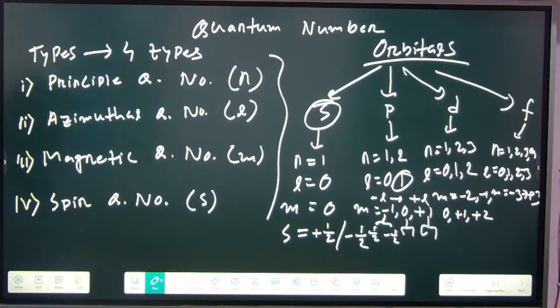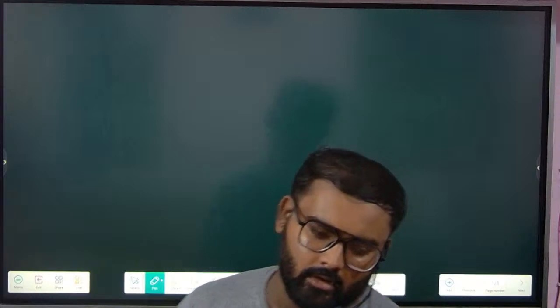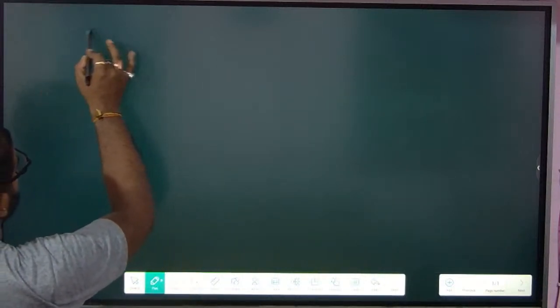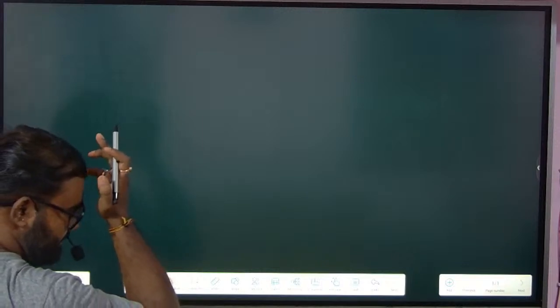Now we have some topic like electronic configuration. Electronic configuration is about positioning the electrons in the right places.